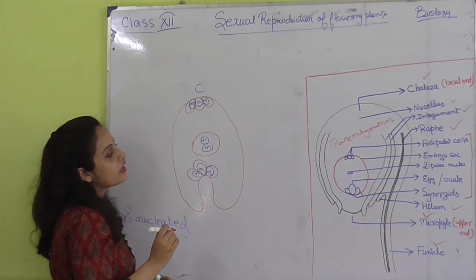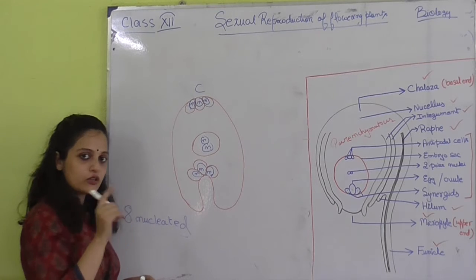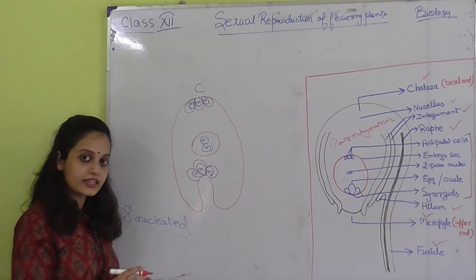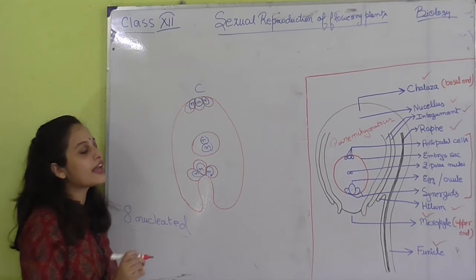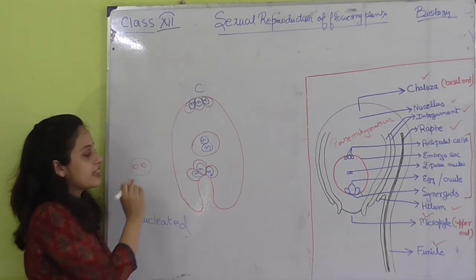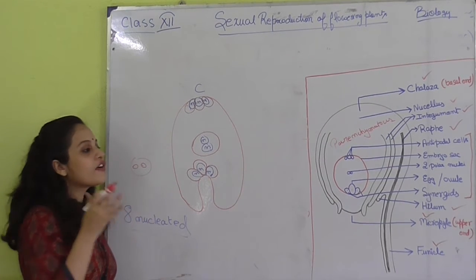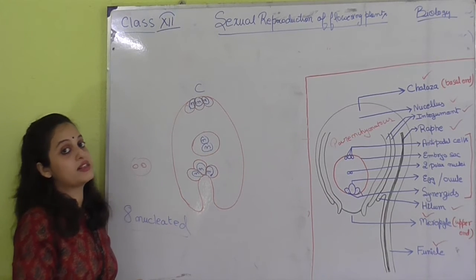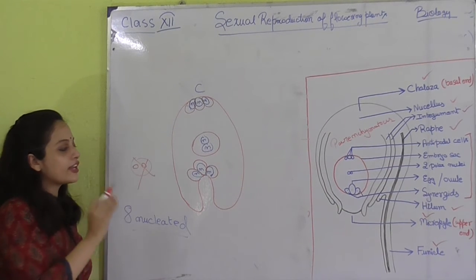But normally, do cells have 2 nuclei in them? No. Cells do not have 2 nuclei inside. So if a cell has 2 nuclei, we will not call it a normal cell.